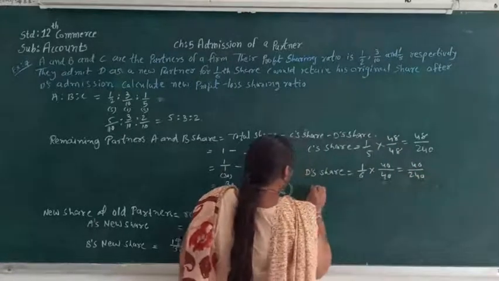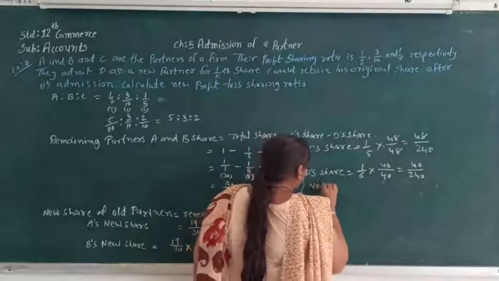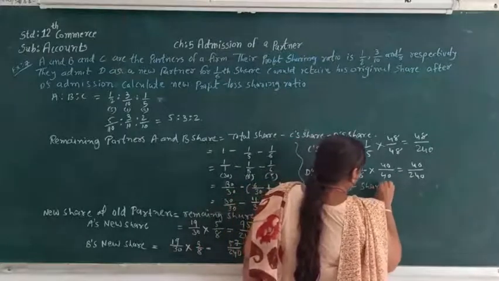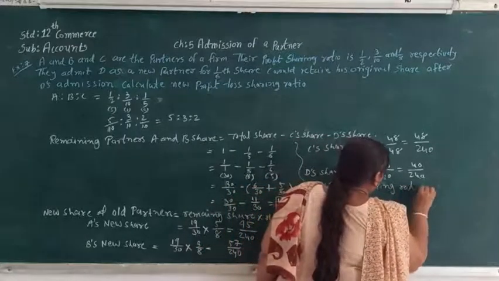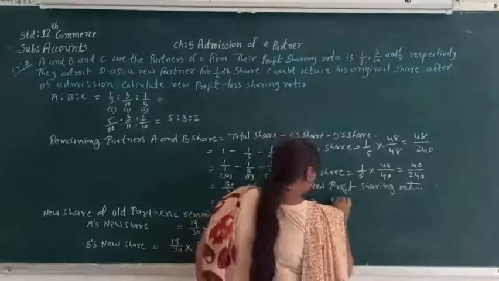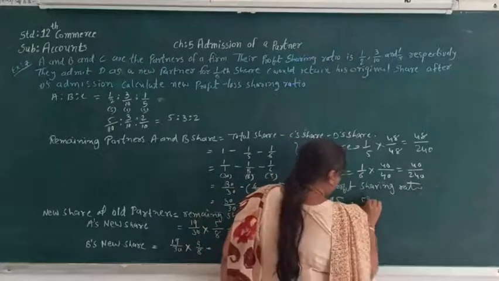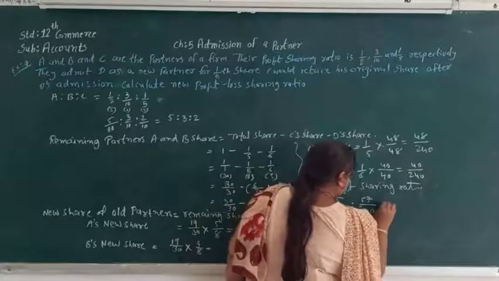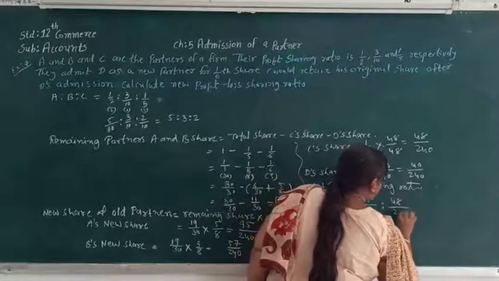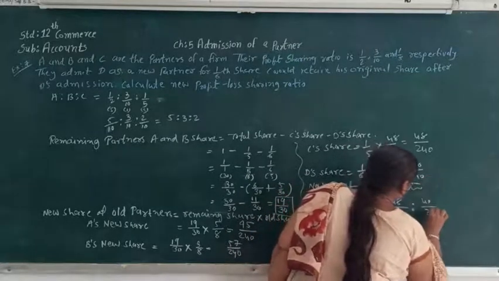So new profit sharing ratio is equal to 95 by 240 is to 57 upon 240 is to 48 upon 240 is to 40 upon 240.